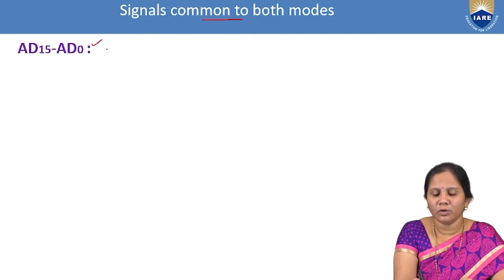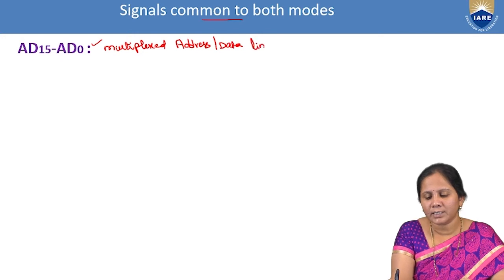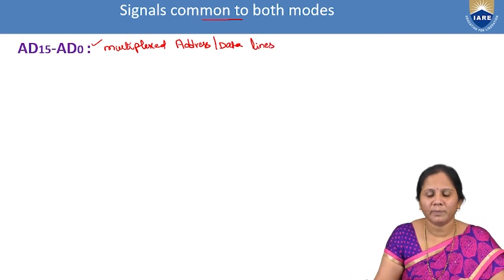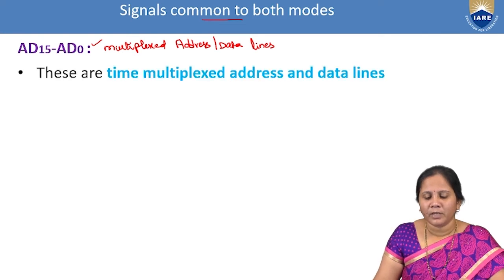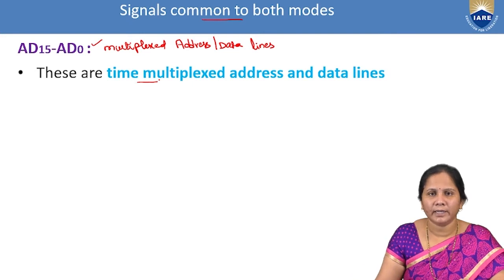These are called multiplexed address data lines, especially time multiplexed address and data lines.